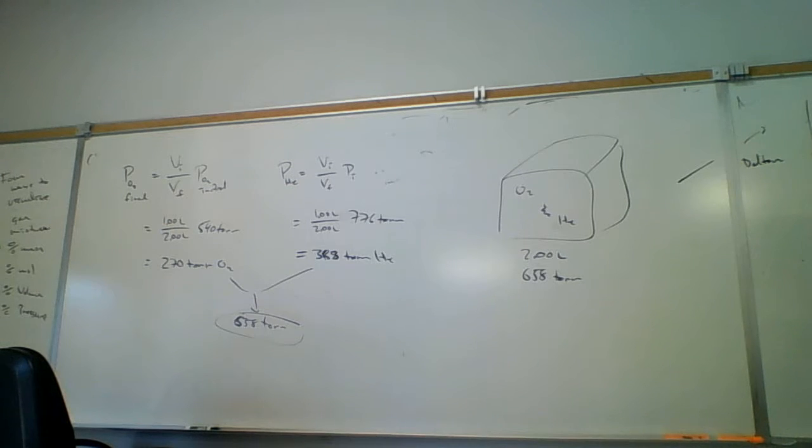In Dalton's, I'm going to have 2.00 liters of oxygen, but the pressure is going to be 270 torr, plus 2.00 liters of helium, and the pressure is going to be 388 torr. That's the way we did this one, because we took the pressure of oxygen plus the pressure of helium to get the total pressure, 2 liters of each.